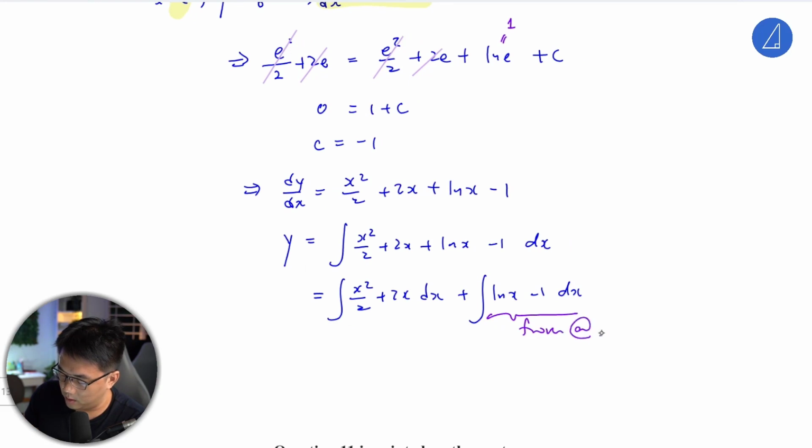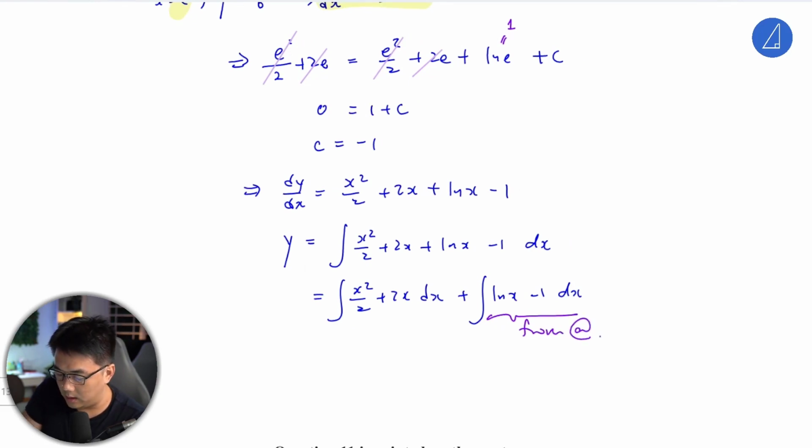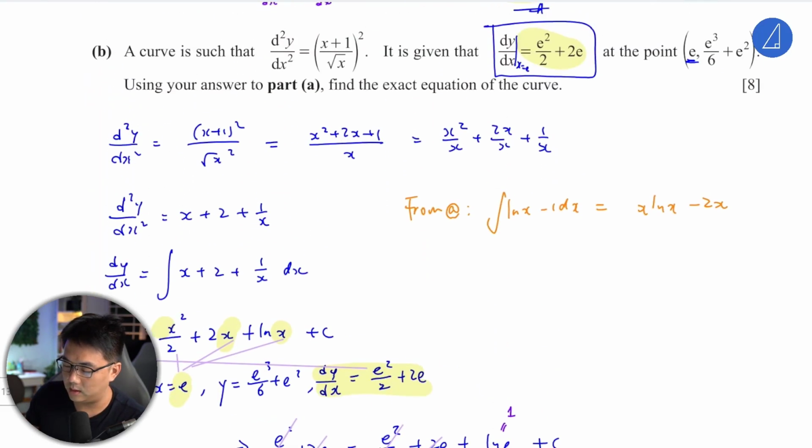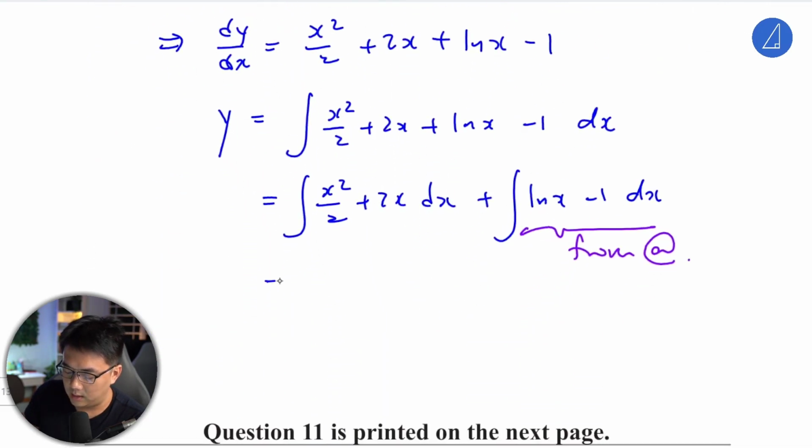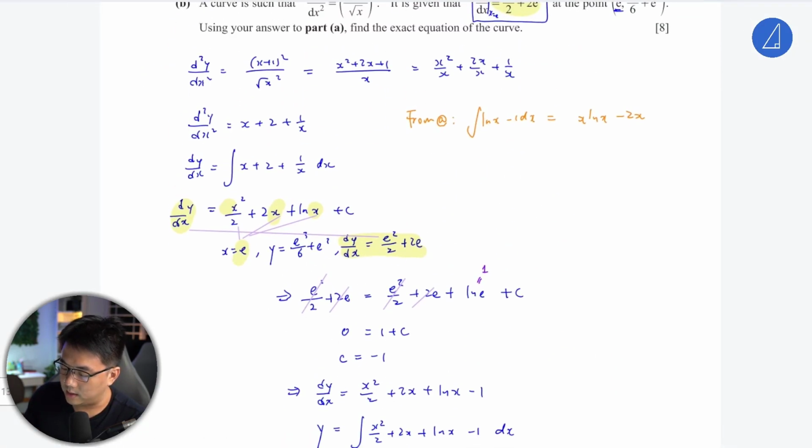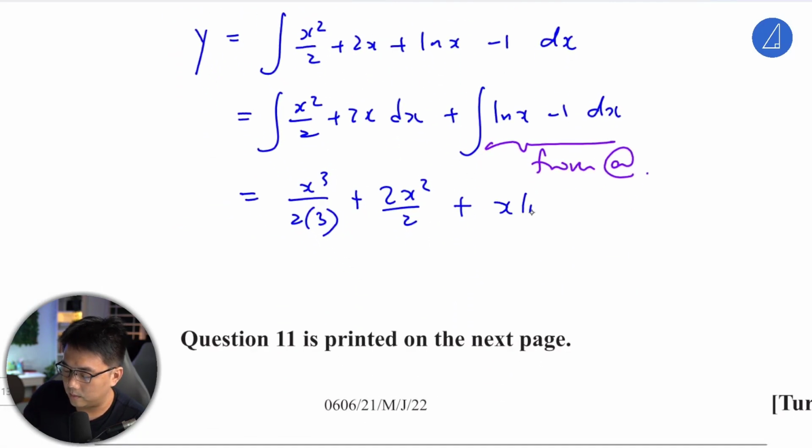From A, what we know is that the integration of ln x minus 1 is x ln x minus 2x. Then this over here is x cubed over 2 times 3, plus x squared, plus x ln x minus 2x plus d.